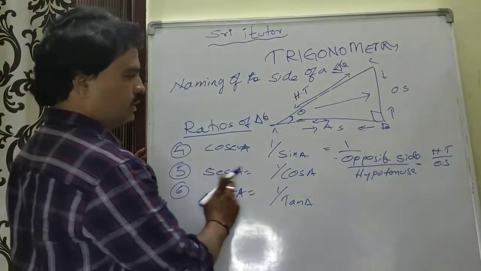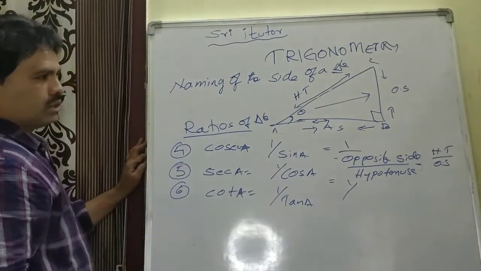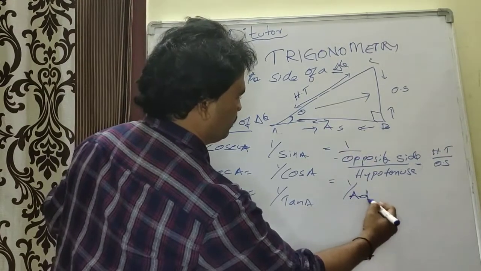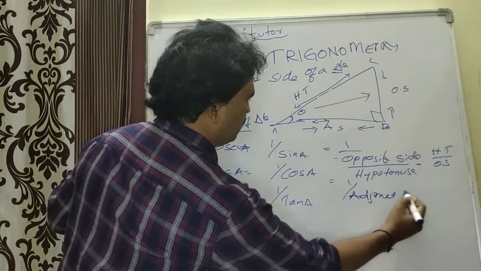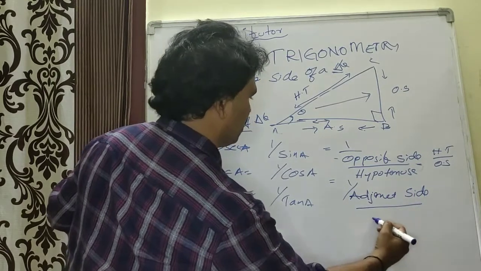In the same way, sec A means 1 by cos A. What is cos A? Adjacent side by hypotenuse.